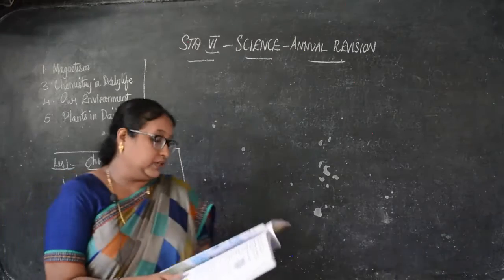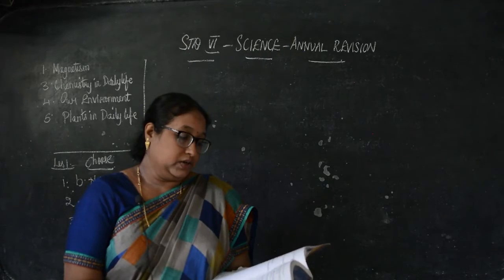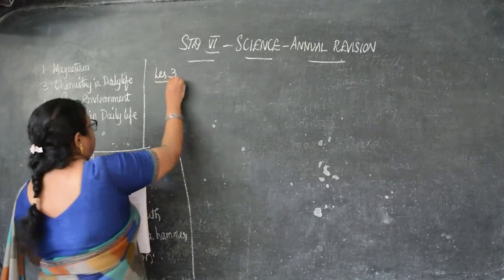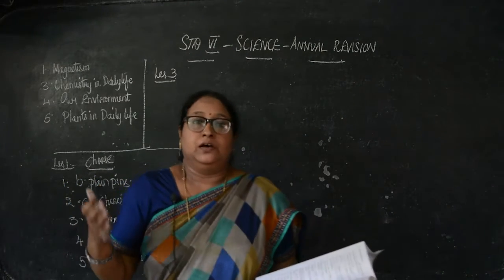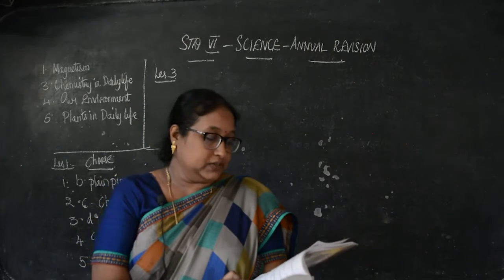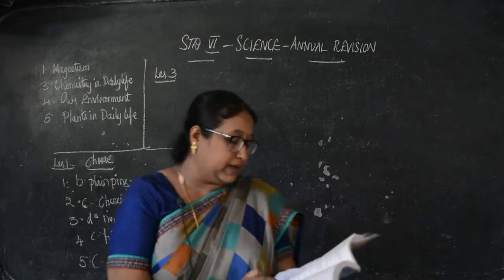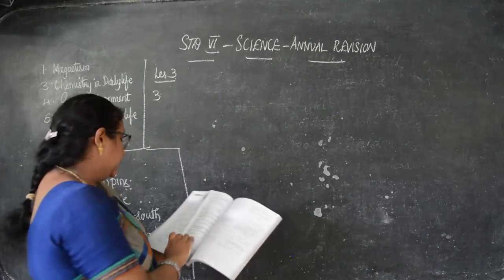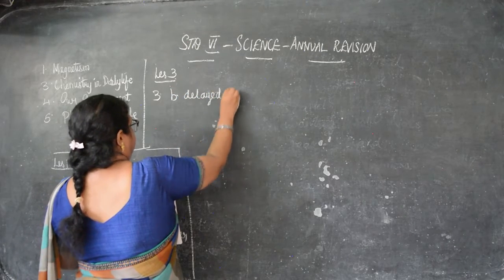Okay. Now next we'll go to lesson 3. So in lesson 3, the first 2, when I took class for you and gave you the objectives, I didn't give it to you. So now next you'll write 3. Gypsum is added to the cement for, that is B, delayed setting.